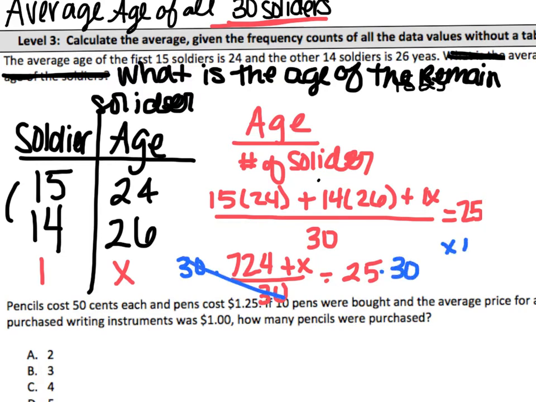So I get x plus 724 equals 750. I'm running out of room. Then I'll just subtract 724 from both sides, and x is going to equal 26.